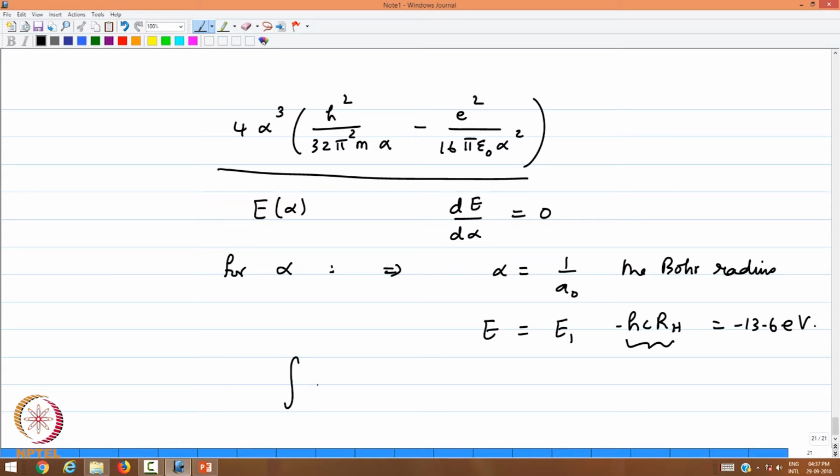The very reason for choosing the wave function psi to be exponential minus alpha r for the ground state is to make you recognize that psi, which is exponential minus r by A naught, is the 1s wave function unnormalized.